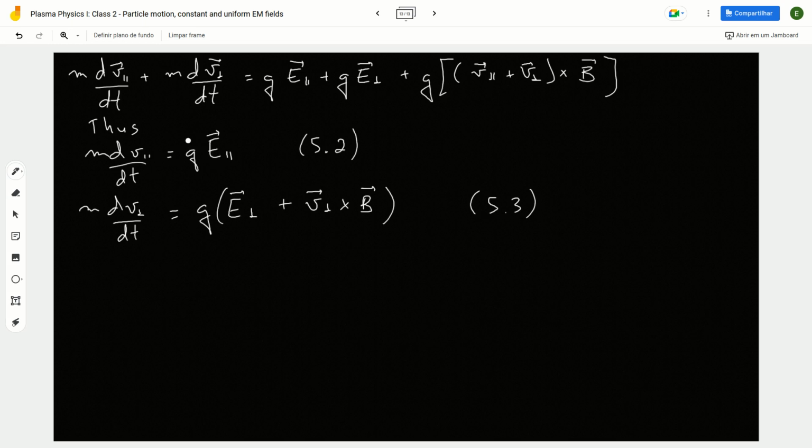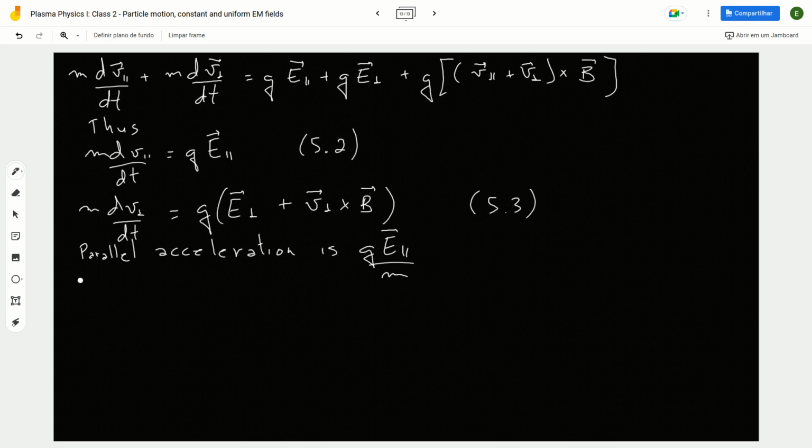So the acceleration in the parallel direction is q E parallel over m. So we are having acceleration in the direction of B.